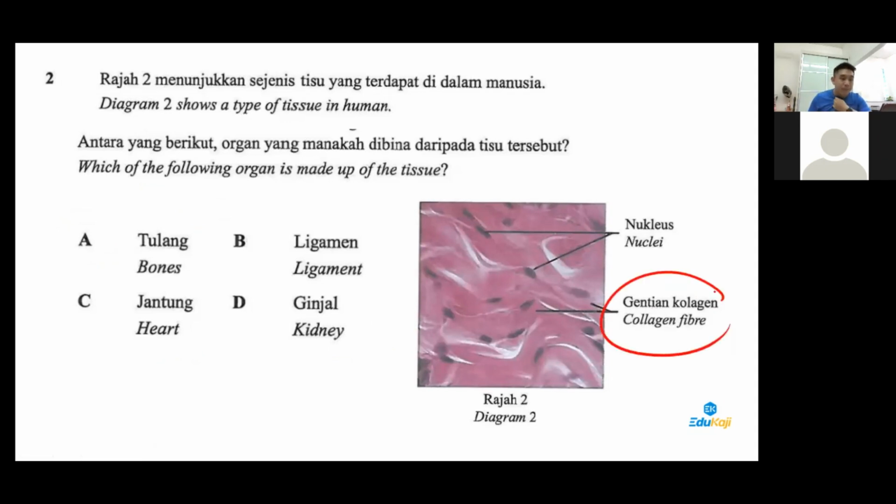Collagen fiber tells you that it is ligament, something from Form 4 Chapter 2. All right. Yeah, the rest are a bit unrelated.